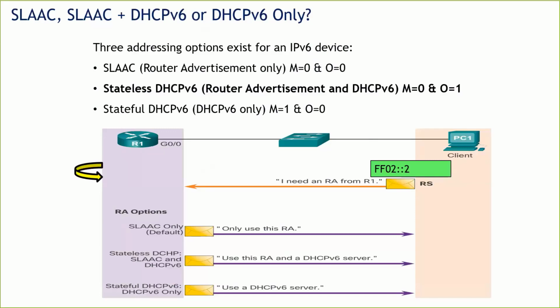I need an IPv6 address, right? So it sends out a request. It's like, please, I'm soliciting for a router advertisement. I need a router to give me an address or tell me what to do. I'm lost here without an address. And it uses FF02::2.